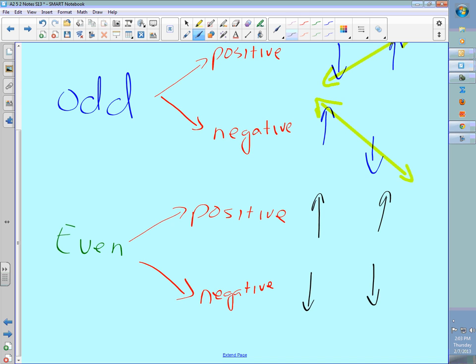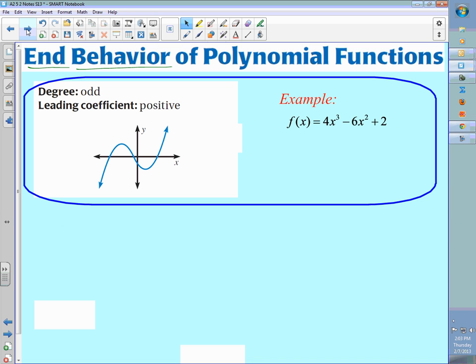That's what the next few things are going to tell you again. Odd, leading coefficient positive, down on the left, up on the right. All I will ask of you today, when you are at a graph, you don't even need graph paper. Just go like that. Degree, 3. Leading coefficient, positive.